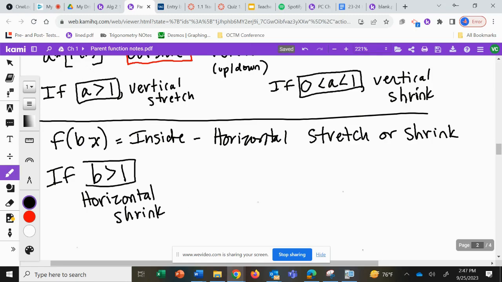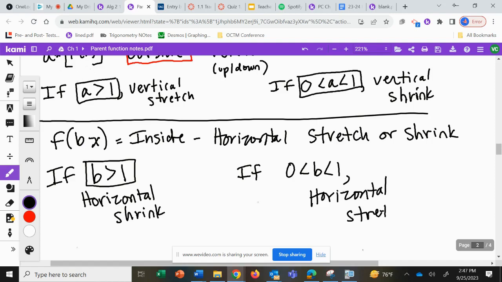All right. So then if B is between 0 and 1, that's a horizontal stretch. So these are kind of opposite of what common sense would tell us.